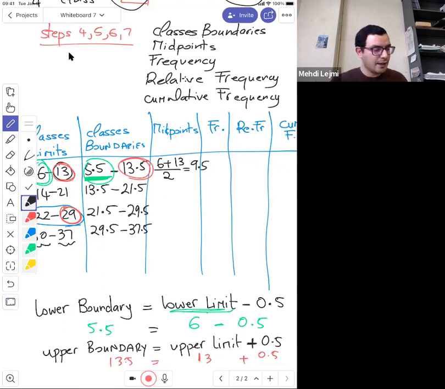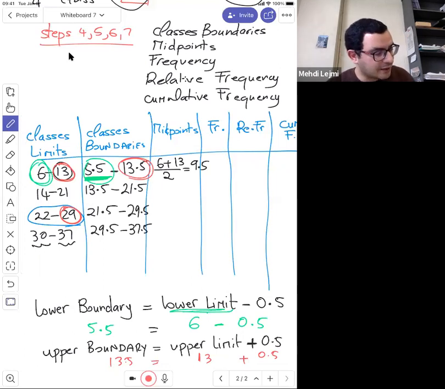For the second class, we can do the same: 14 plus 21 over 2. Or another way to do it is you can just add 8 to the 9.5. So that's 17.5. The midpoint of the next class would be 17.5, which is 9.5 plus the width.